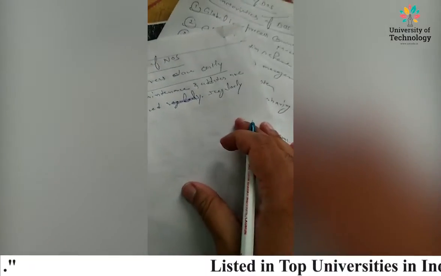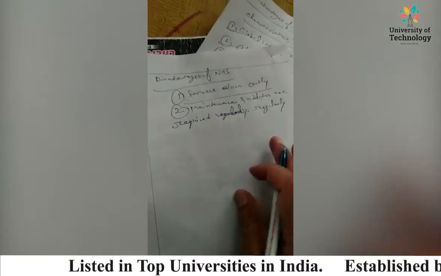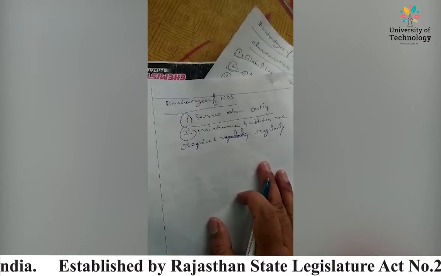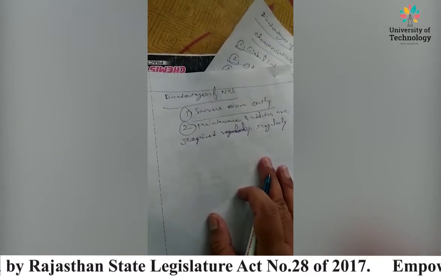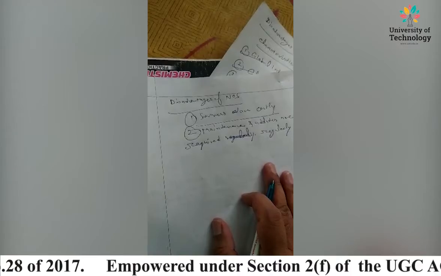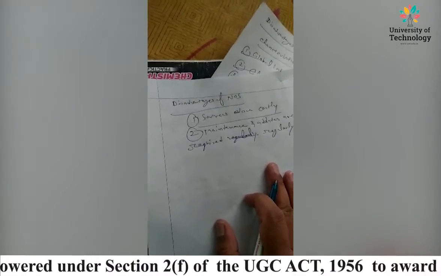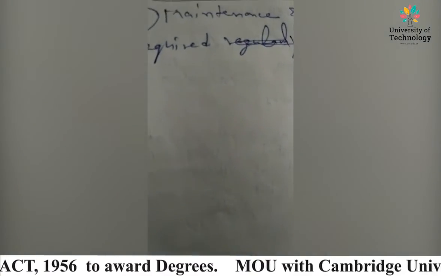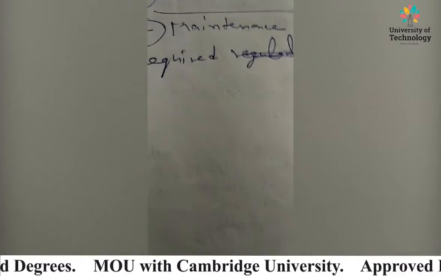If we talk about examples of NOS: Microsoft Windows Server 2003, Microsoft Windows Server 2008, Novell Network, etc. So this is all about distributed operating system and network operating system.